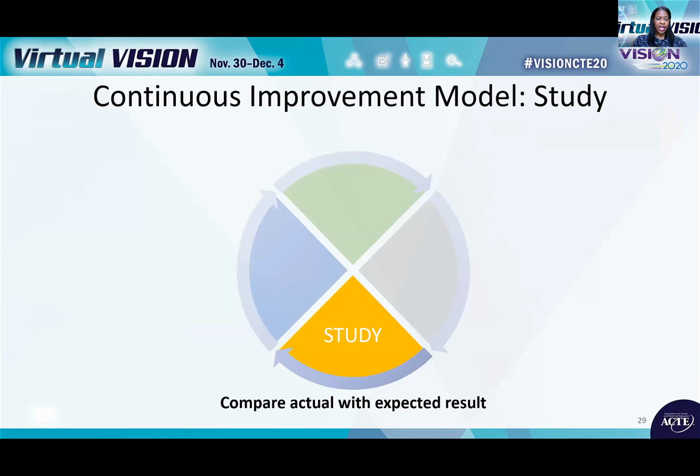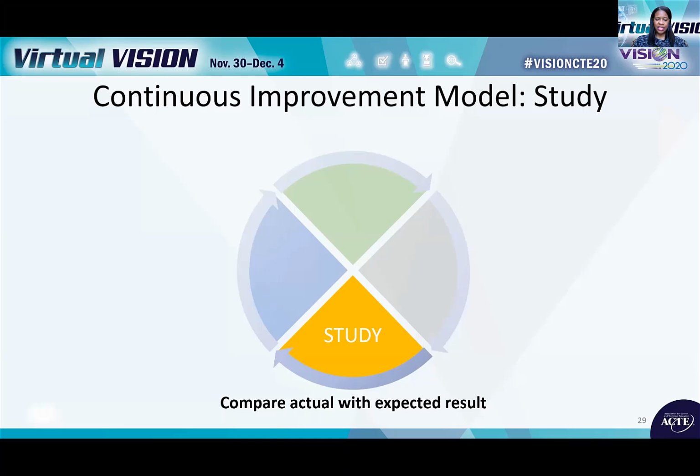So the next step then is the study step. And here you are going to be comparing the actual with expected results to see if, once you implemented your action plan and the do, it resulted in the change that you were hoping to see and the ability to address the problem the way in which you were expecting it to be.